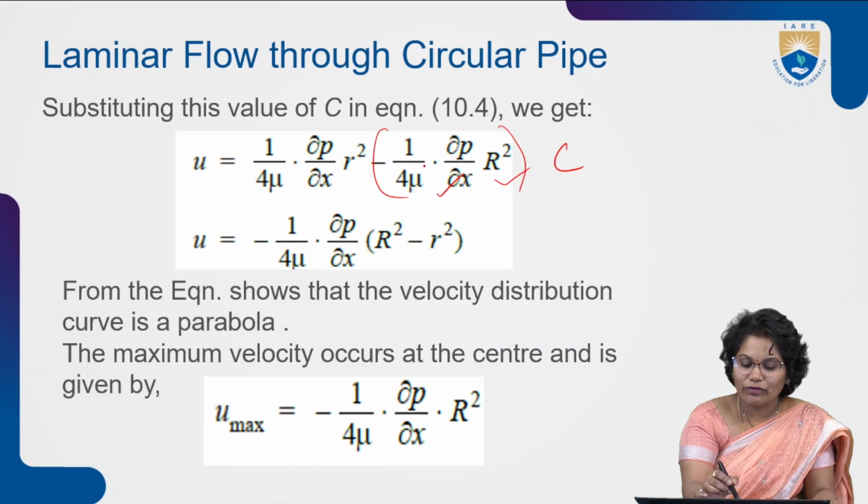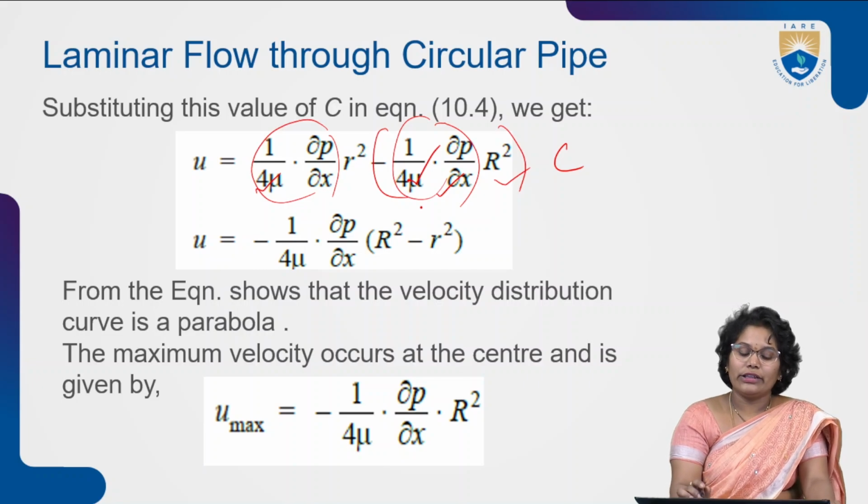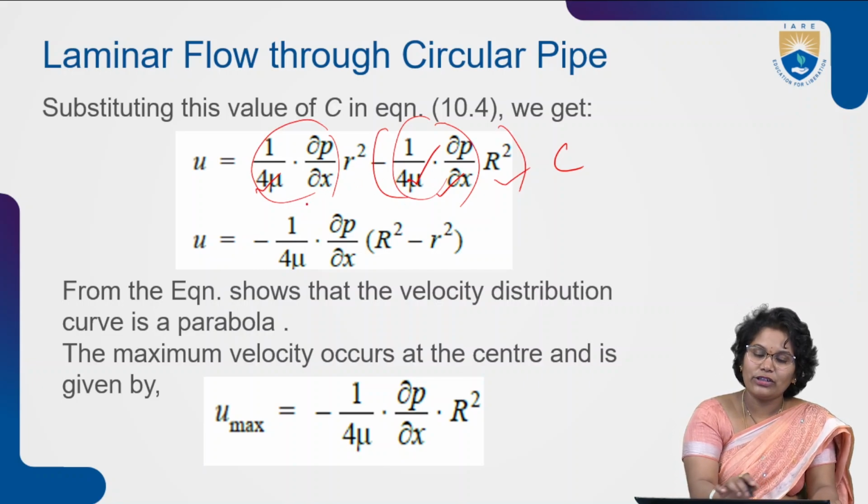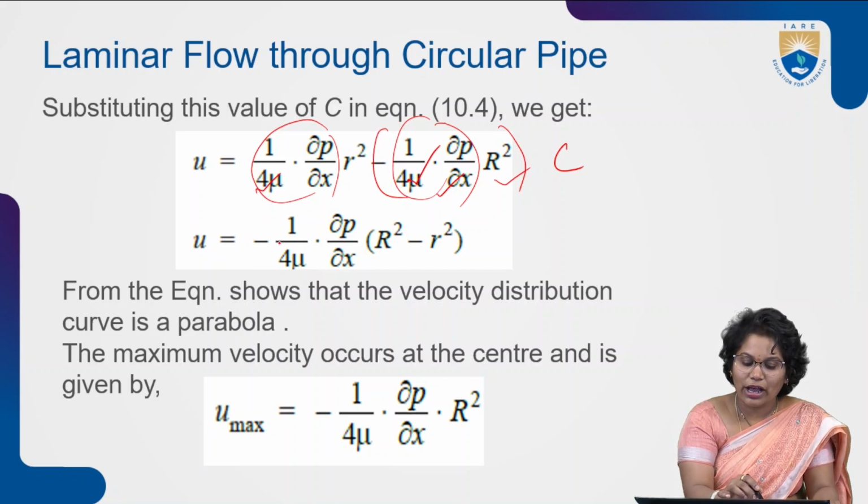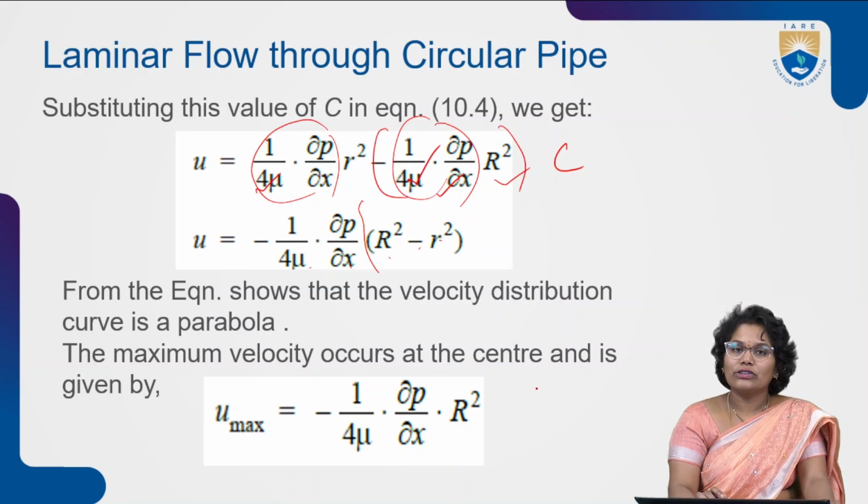Here 1 by 4 mu and dou p by dou x are present in both terms, so I can take them common. I am taking out 1 by 4 mu dou p by dou x, and after that I am getting R square minus small r square.